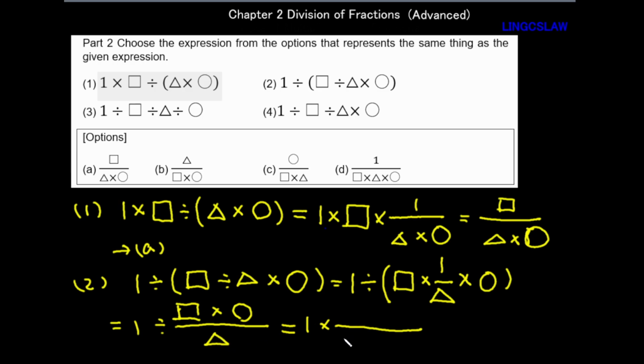So the denominator will be this one and the numerator will be a triangle, and 1 times can be ignored. So this is it. And let's find the same one. So B is the answer.